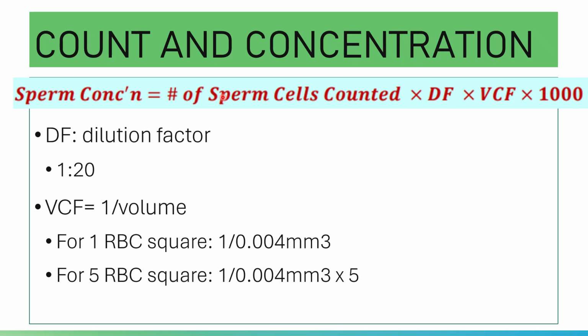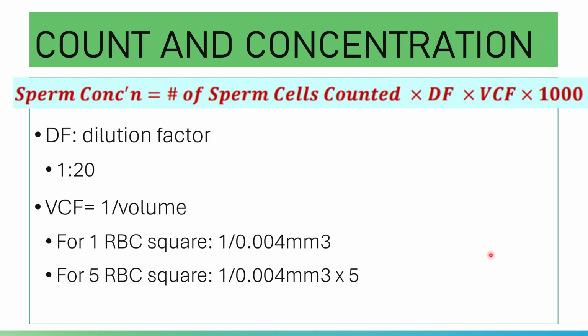The number of sperm cells counted is in 5 RBC squares, because your volume correction factor is for 5.